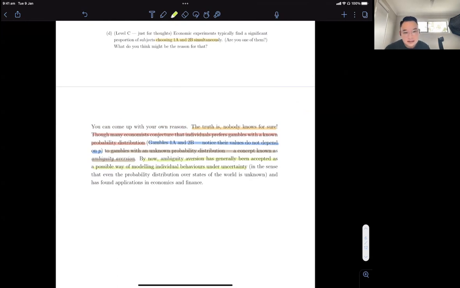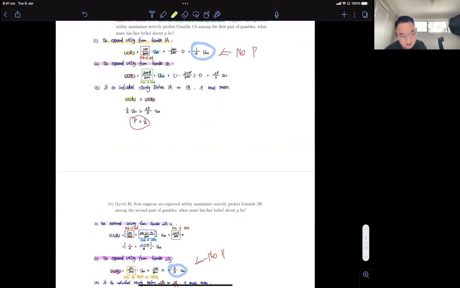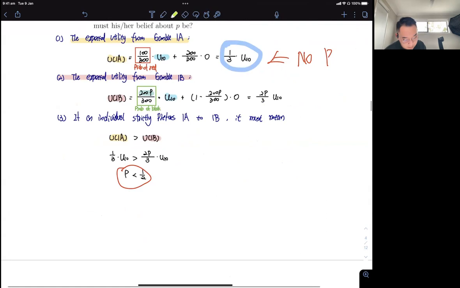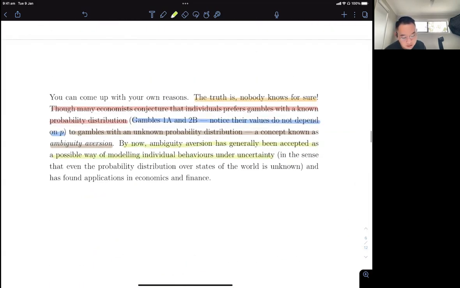In simple words, this means people really don't like uncertainties. They prefer certainties over uncertainties. So if you give them a choice that you can either get 1/3 times U10 or get 2p/3 times U10, that will involve a probability, and they don't want that, so they will prefer 1A. And this is a possible solution, which is ambiguity aversion.